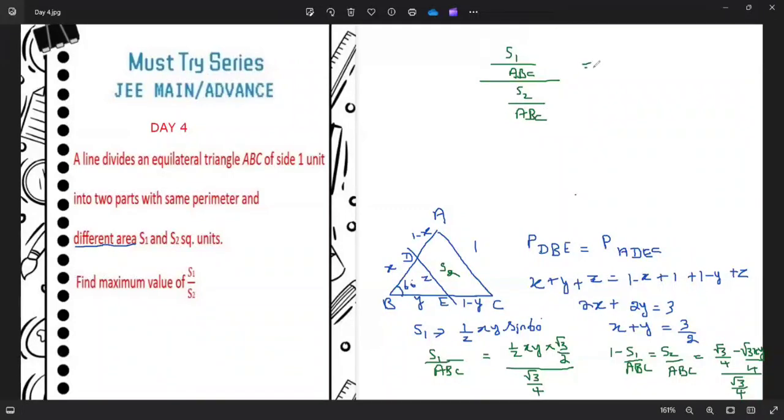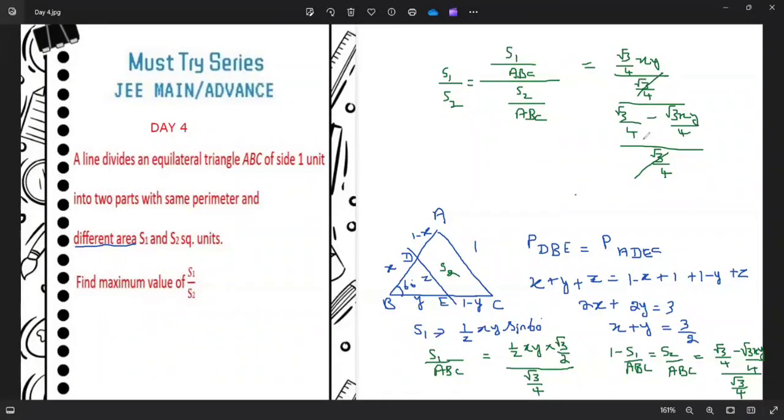When I do this, I'm getting root 3 by 4 xy divided by root 3 by 4, that is getting divided by root 3 by 4 minus root 3 xy by 4, divided by root 3 by 4. Root 3 by 4, root 3 by 4 gets cancelled off. So this is what we are left with. So this is our ratio of S1 by S2.